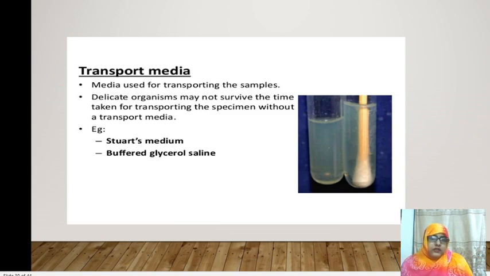You can understand it by memorizing that if we have taken a blood sample, it is taken to the laboratory, or from the laboratory to the specified area, in a specific vial, and that vial contains a specific type of media which is basically used for transporting that blood sample.